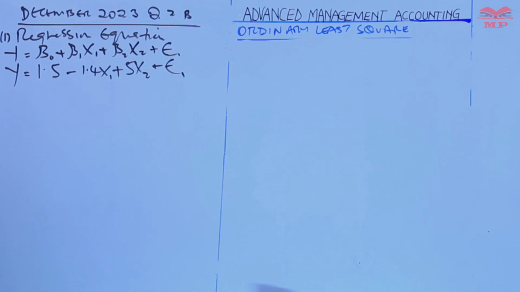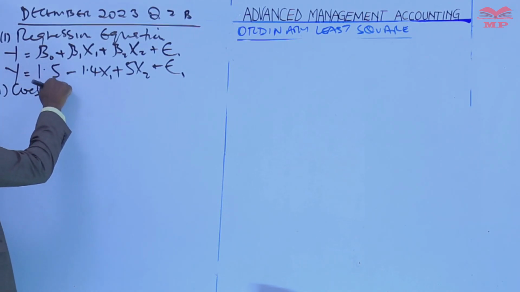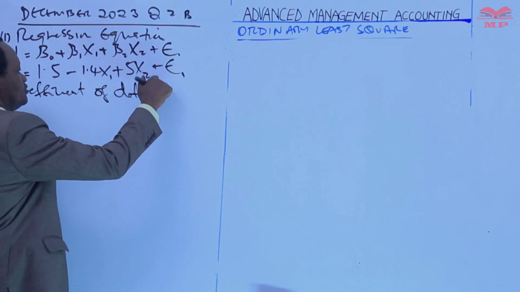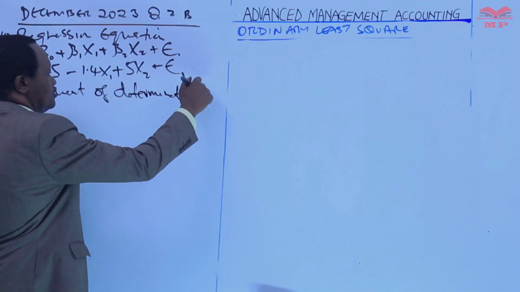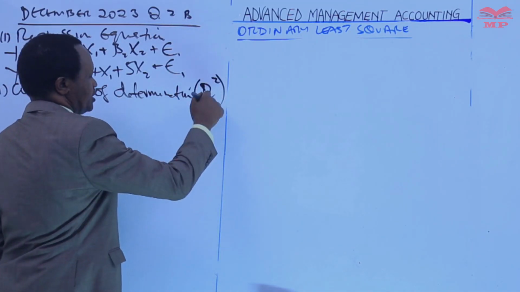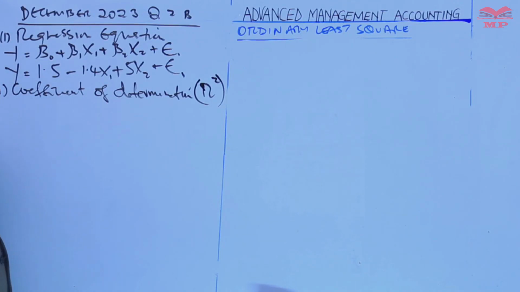But what is the formula for R squared? Coefficient of determination, Roman 2, often abbreviated as R squared. So what is the formula for R squared?